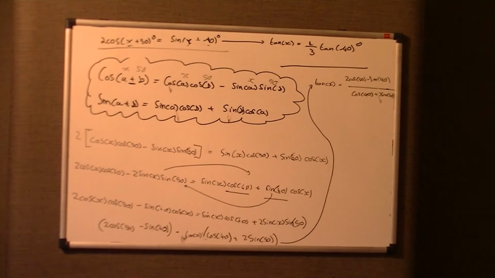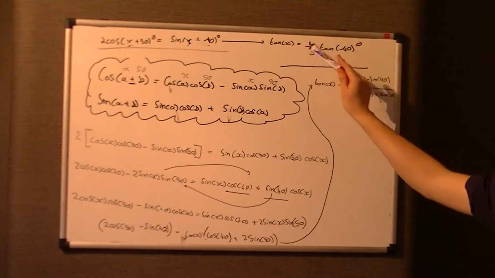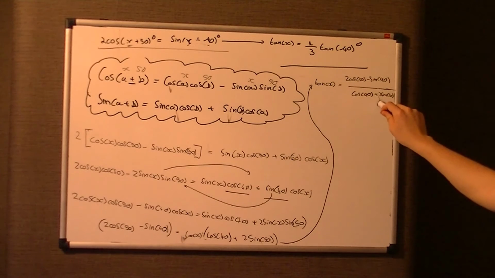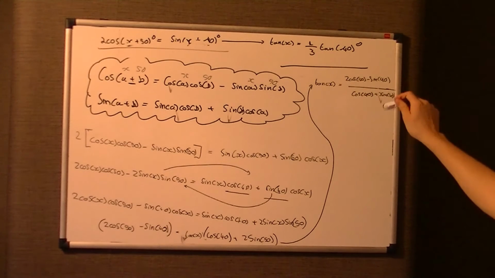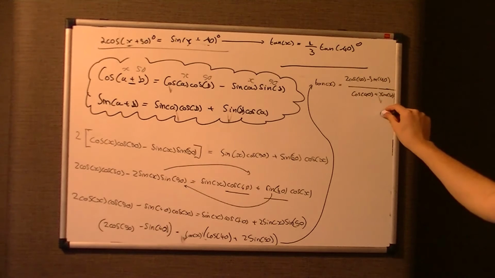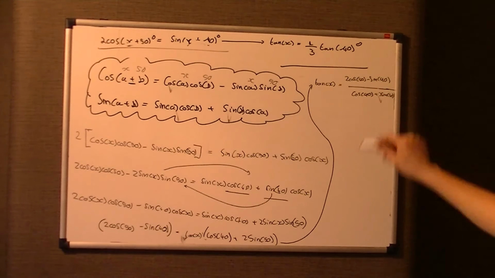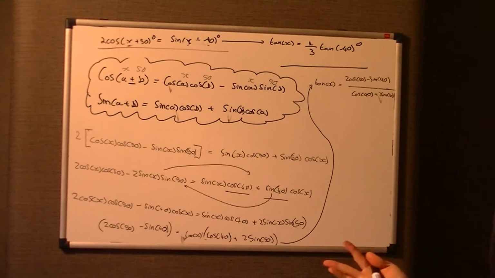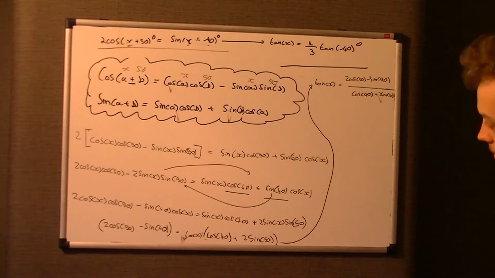Remember you've got to bear in mind what form it wants. It wants it in tan x equals a third of tan 40. Quite clearly, we need this in terms of tan, and more importantly, we need it to the angle of 40 degrees. But we can't just change 2 cos 50 to 2 cos 40. Quite clearly, it gives a different answer.